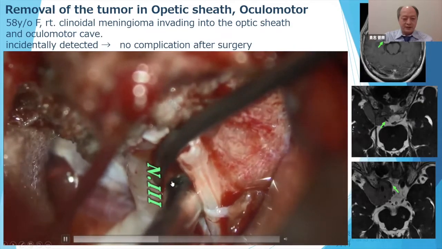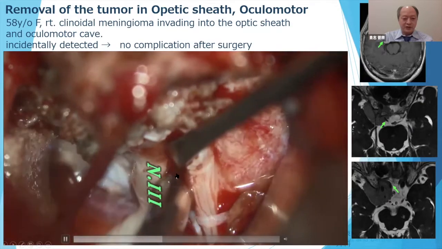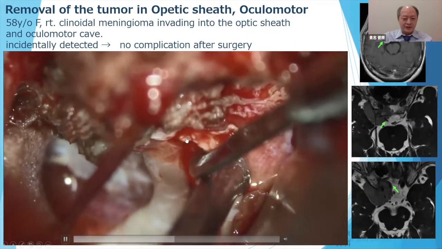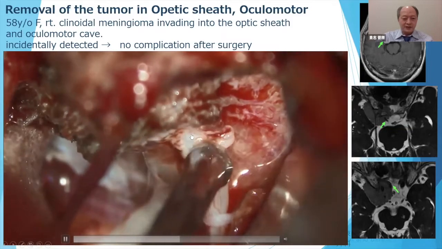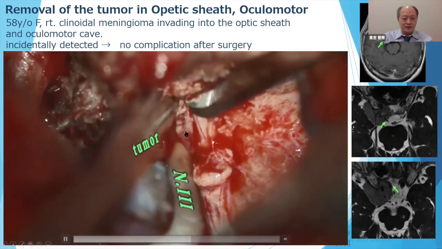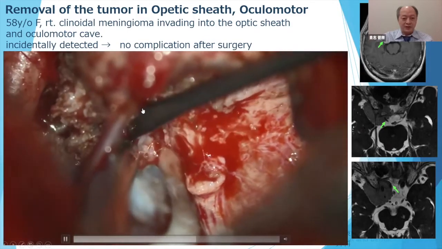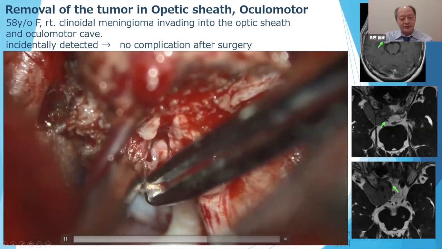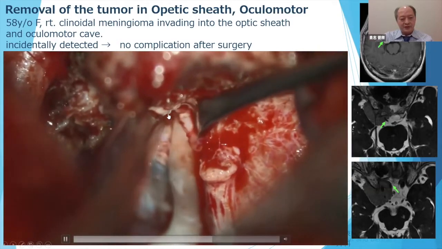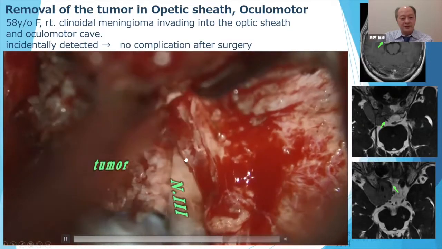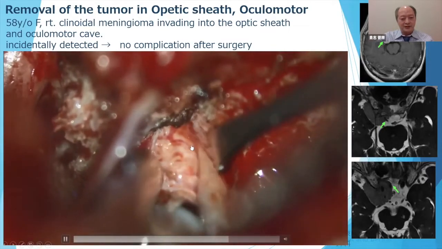and mobilize the oculomotor nerve, and further cut the tentorium longitudinally to the oculomotor nerve. And here you can see the tumor in the oculomotor cave, and remove this tumor and decompress the oculomotor nerve this way.